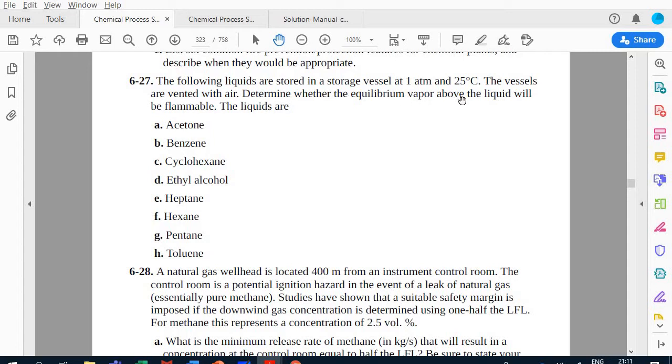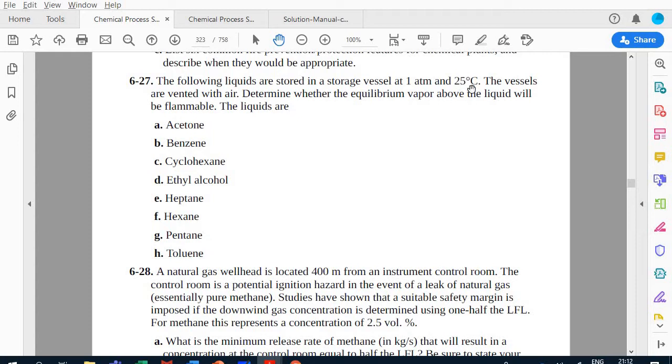Determine whether the equilibrium vapor above the liquid will be flammable or not. I have the temperature, so I can calculate the saturated pressure. How can I know it's flammable?